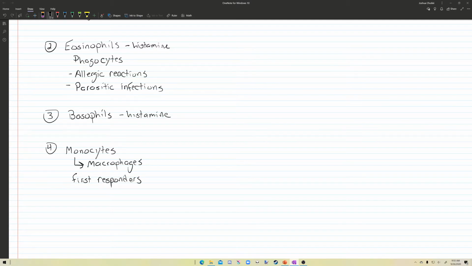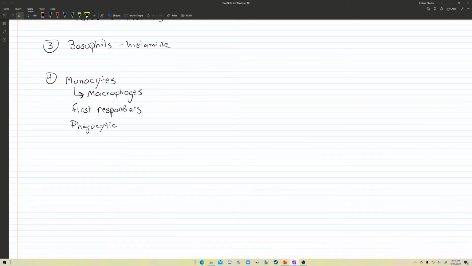If you have some kind of injury or infection, something gets into the connective tissue and it doesn't look like it belongs there, the monocytes and the macrophages take care of it first. They're phagocytic, and they're what's called antigen presenting.